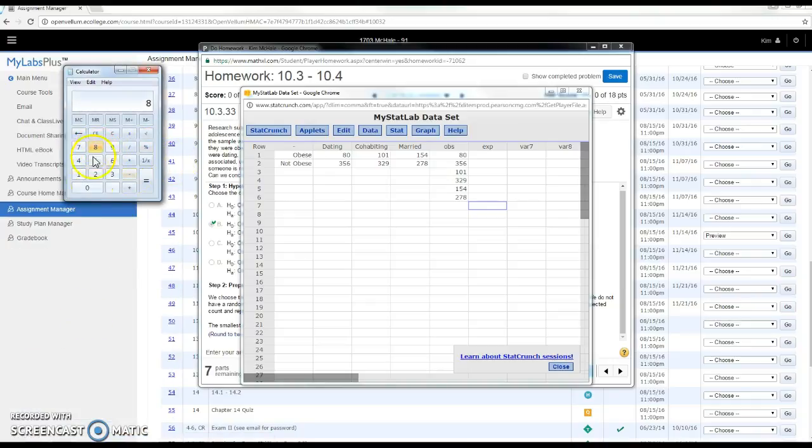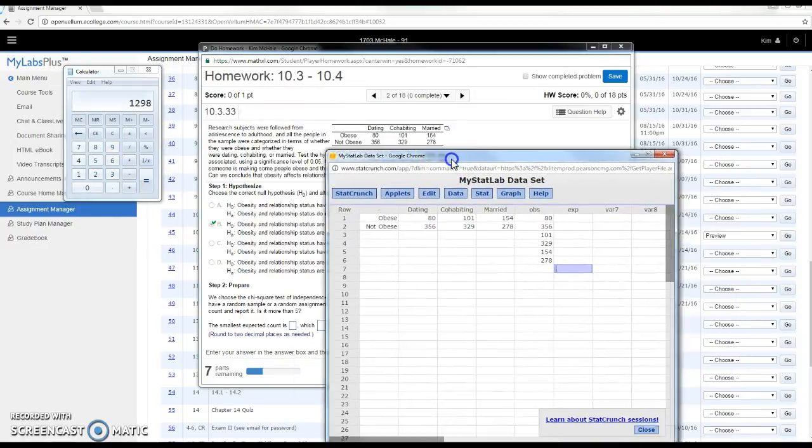So 80 plus 101 plus 154 plus 356 plus 329 plus 278. Oh, I missed it. I have 39 instead of 329. So I need 290 more. Plus 290 gives me my total number of people.